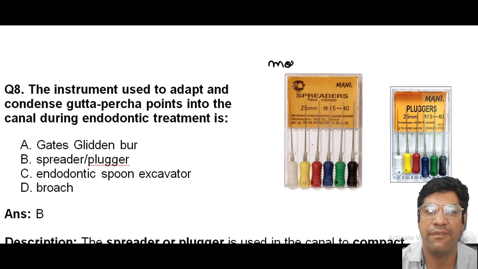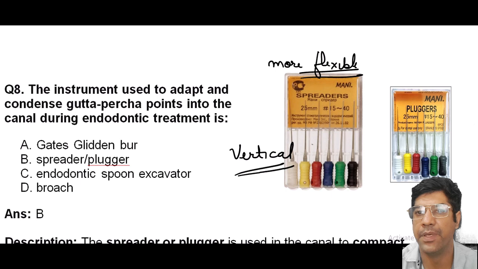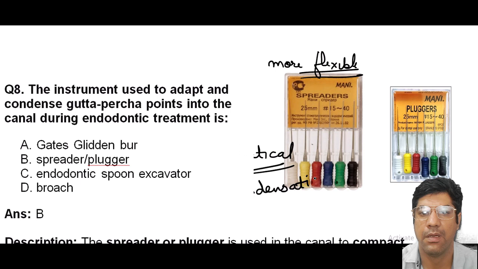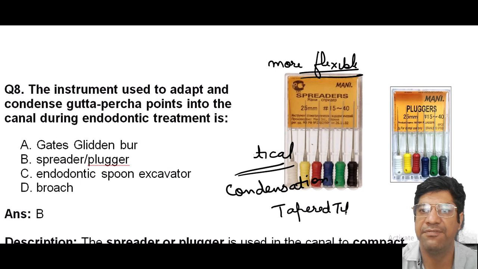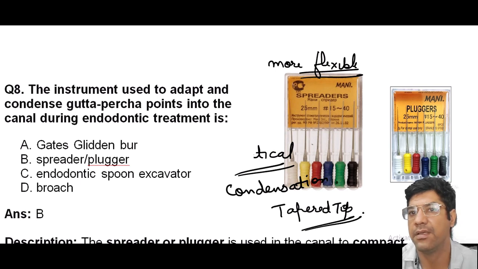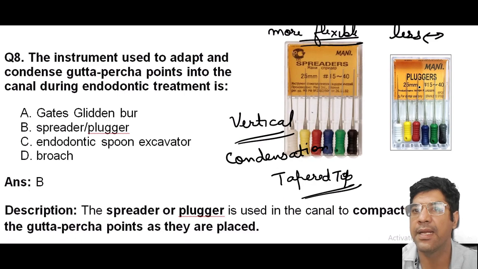They are used for lateral condensation and they have a tapered tip. While the pluggers are less flexible, and they are used for vertical condensation, and they have a flat tip.